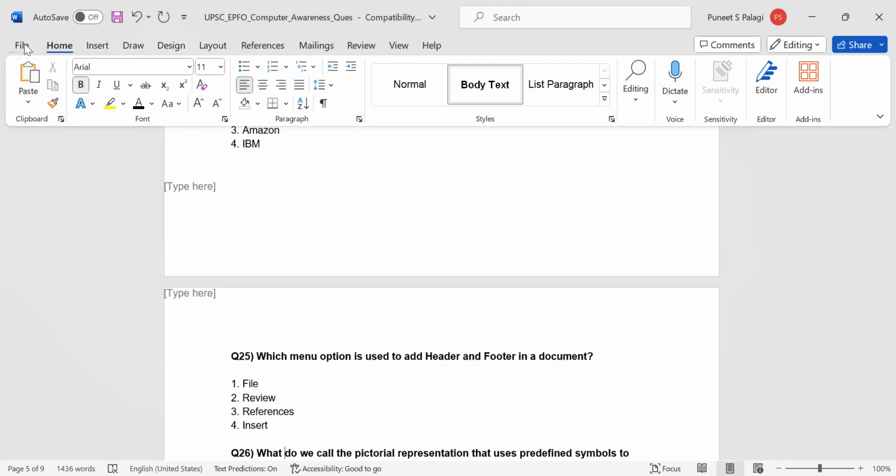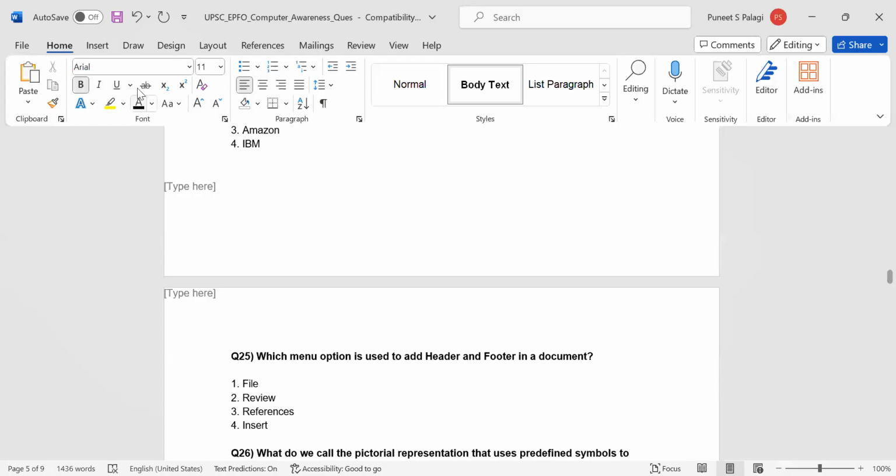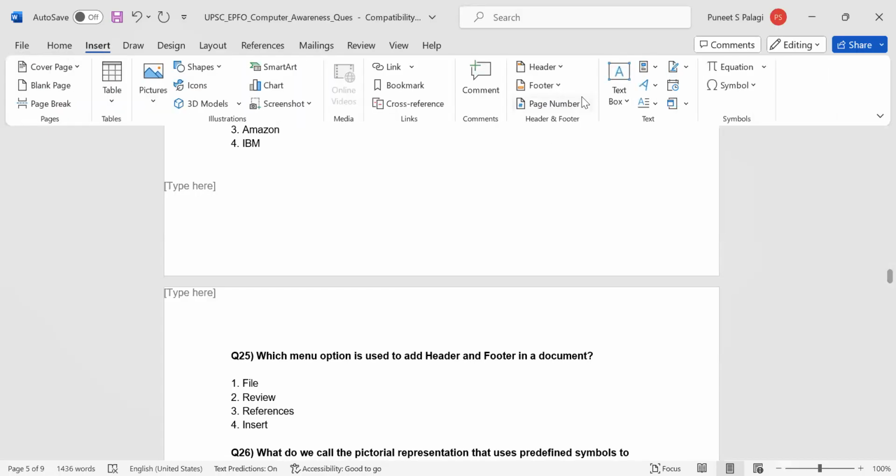If I go to file, you don't see any option to insert header and footer. But if I go to insert, you can see here, I have the options to insert header and footers. Okay. So the right option is insert.